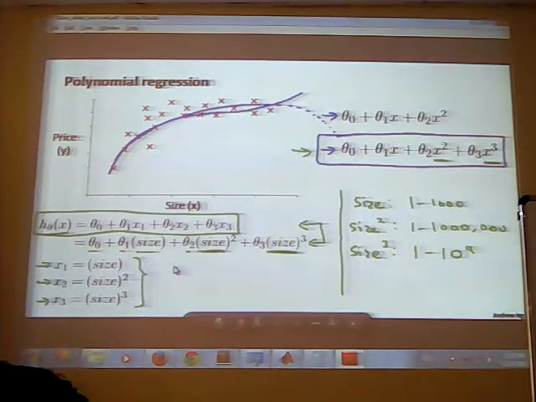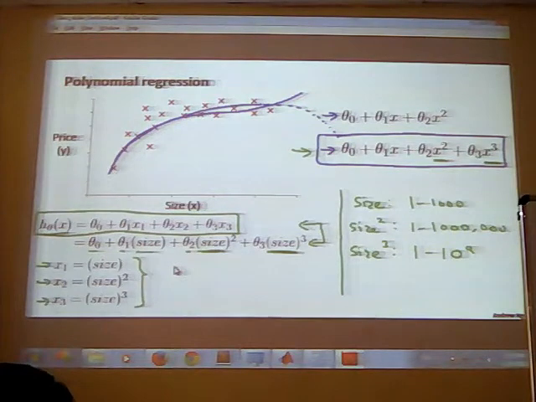If we use a polynomial one, a quadratic one, say theta 0 plus theta 1 x plus theta 2 x square, this is a quadratic equation, and we will have a curve like this, a parabolic curve.